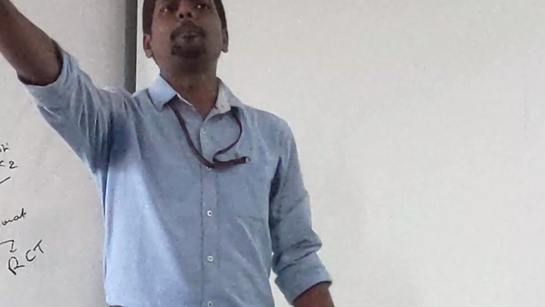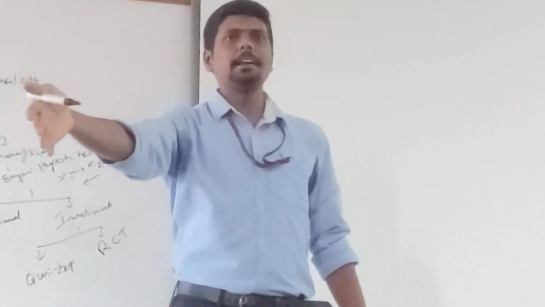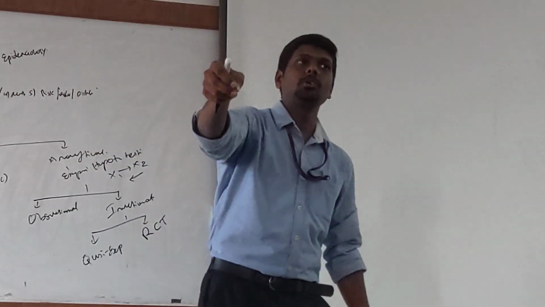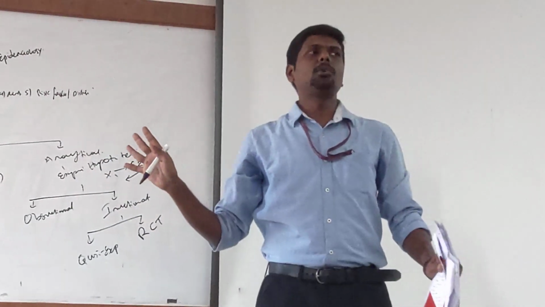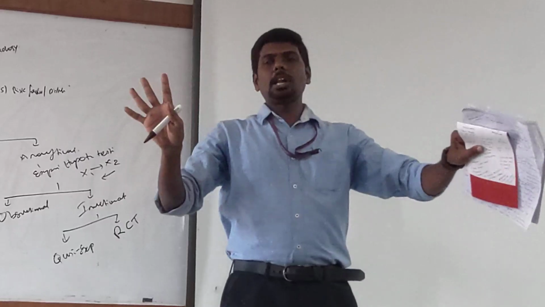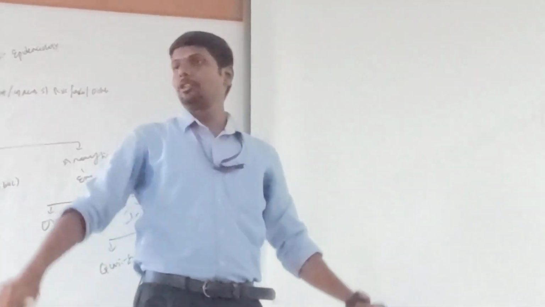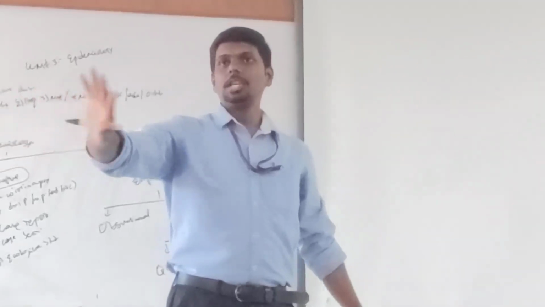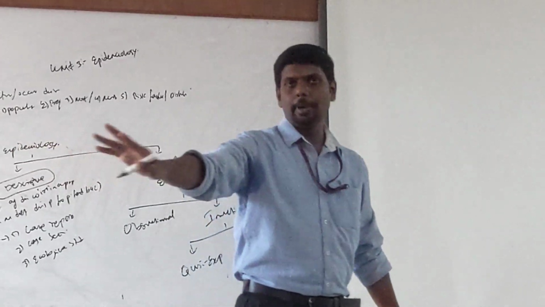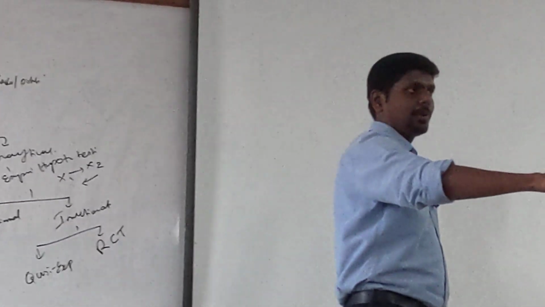Randomly, I will take some samples and do some clinical trials. I will give some tablets to you. Usually, I will segregate this class into two groups: Group A, Group B. Group A I will treat, and Group B I won't do anything. This will be my control group, and this will be my study group. Why do I have a control group?